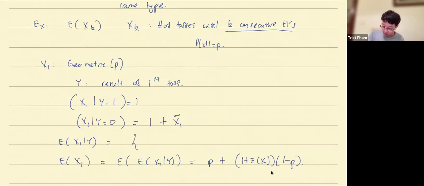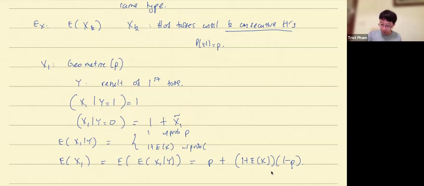The conditional expectation is 1 with probability p, because that's the probability of the first toss being a head, and 1 plus the expectation of x with probability 1 minus p, because right now we already take the expectation here, and this one happens with probability 1 minus p.